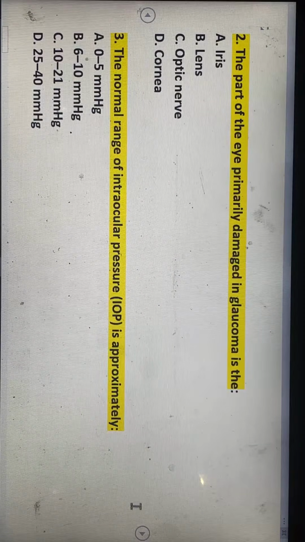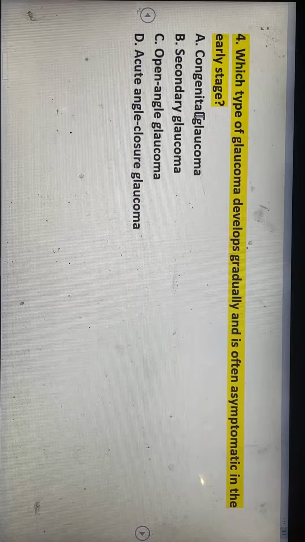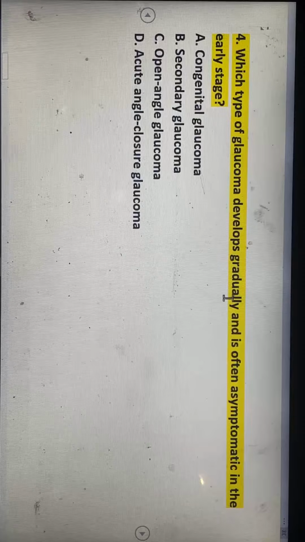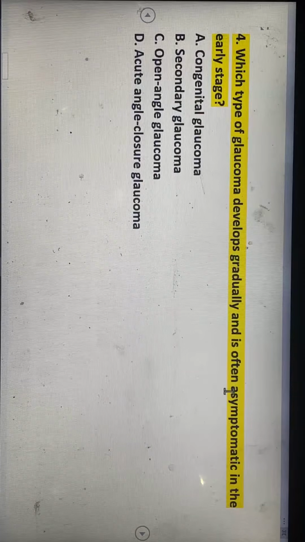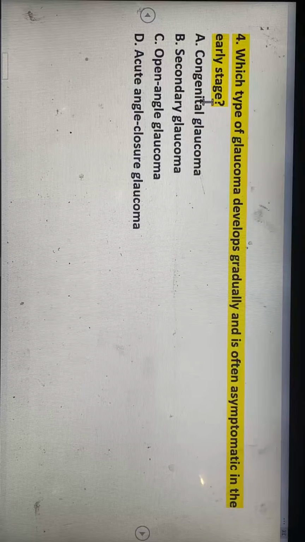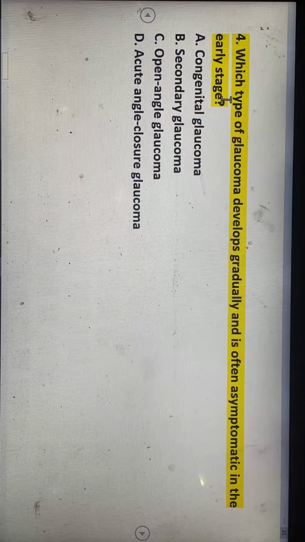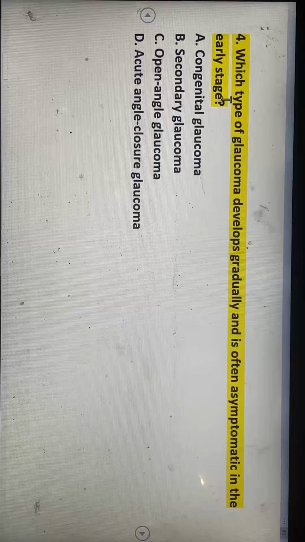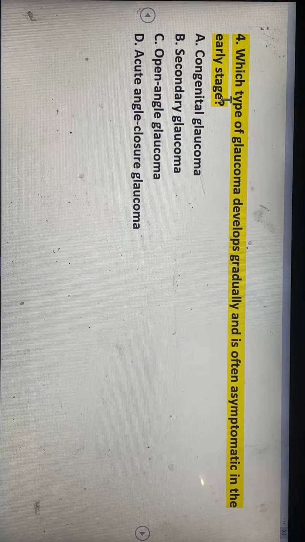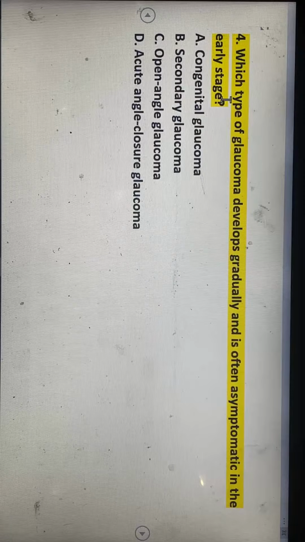Are we together? Then number four, let's be faster. Which type of glaucoma develops gradually and is often asymptomatic in the early stage?